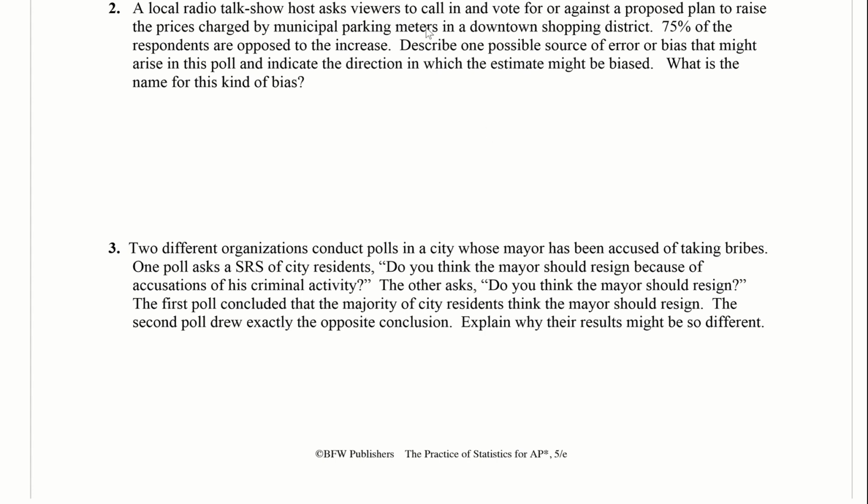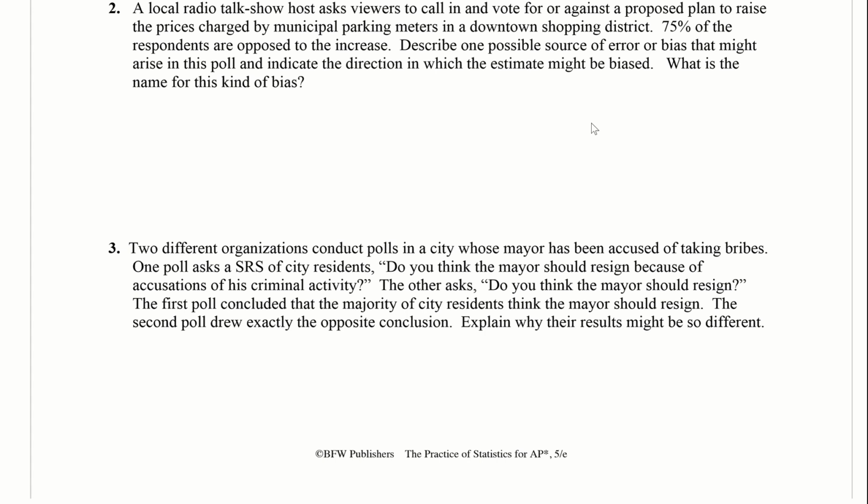Okay, so it's a radio show. They did an open invitation for anybody to vote for or against a plan, right? So generally, the people that are actually going to call in are those, of the people listening to the show, who have strong opinions about the issue, strong enough that they feel like they need to call in, right?